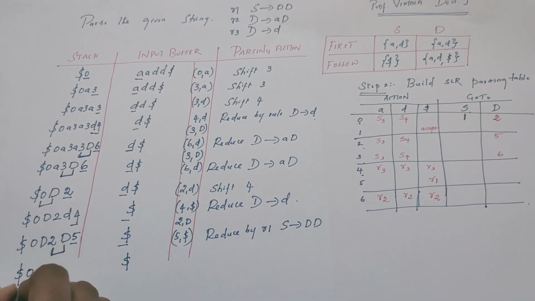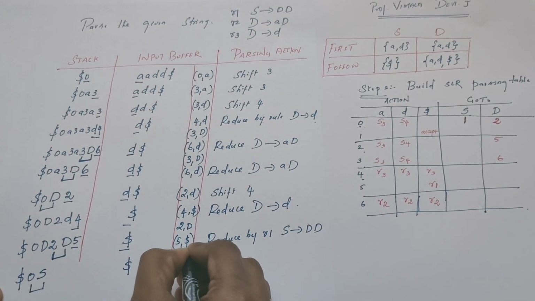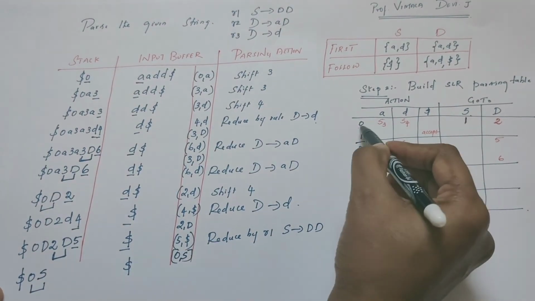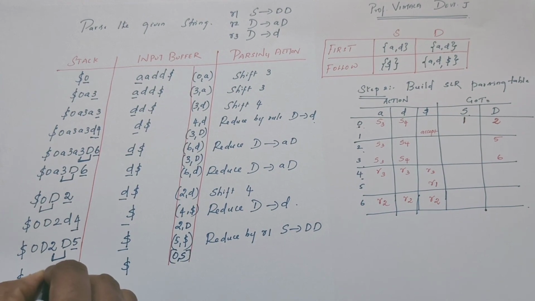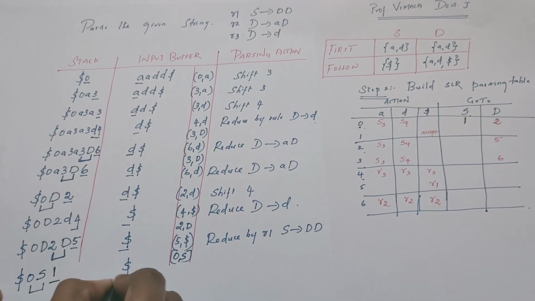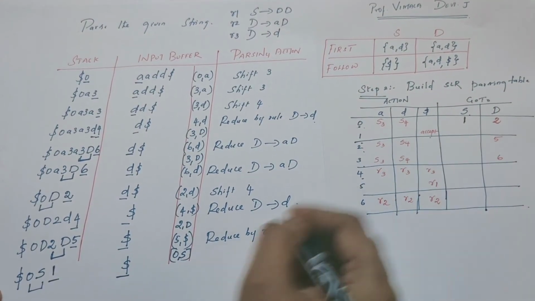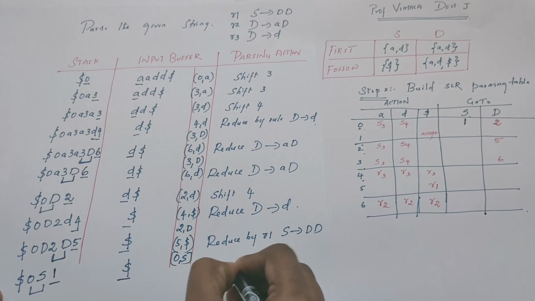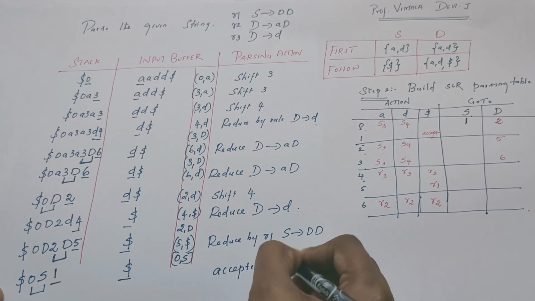So as usual, when the reduction took place, check for the two topmost symbol combination, which is 0, S. When you check for 0 and S, the state number we are getting is 1. That 1 is to be pushed onto the stack. Now check for the combination 1 comma dollar. What is 1 comma dollar? It is the accepting state. It means the string is accepted by the parser.